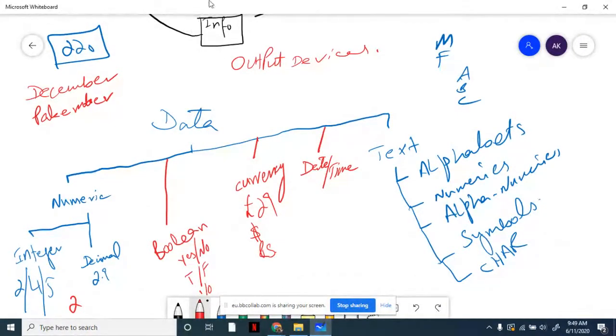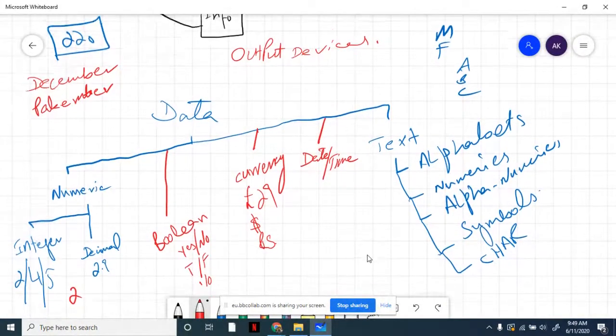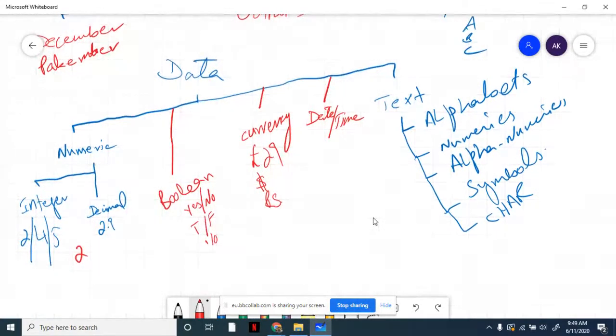Write these down quickly. Then we move to the next part. I will ask one or two questions regarding these data types. So just note it and then we can do this practice.